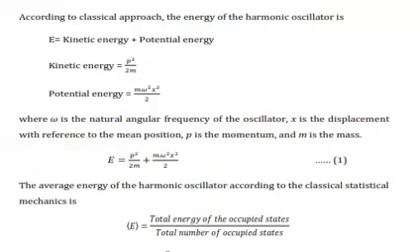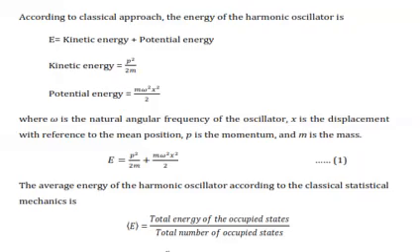What will be its approach? According to the classical approach, the total energy of the harmonic oscillator is equal to kinetic energy plus potential energy. Kinetic energy is P square by 2m. Potential energy is m omega square x square by 2.